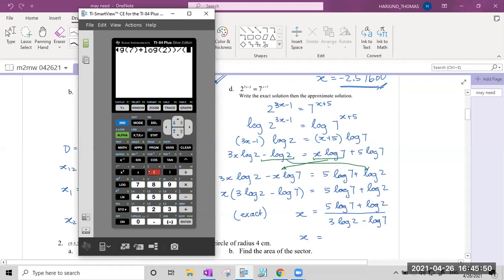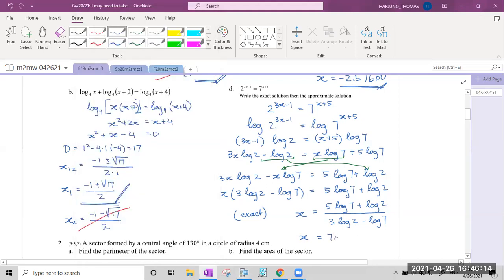Divided by open parenthesis for the denominator. 3 log 2, close parenthesis for 2, minus log 7, close parenthesis for 7, and then close parenthesis for the denominator. That's 78.05429. That's the approximate solution.